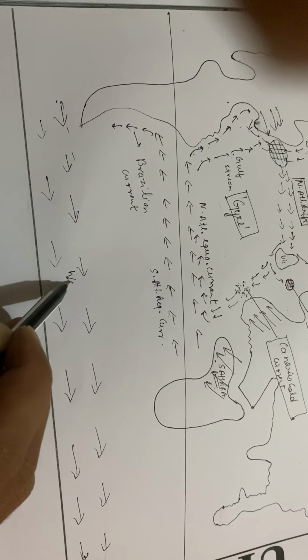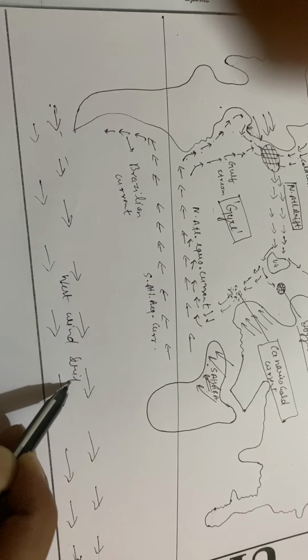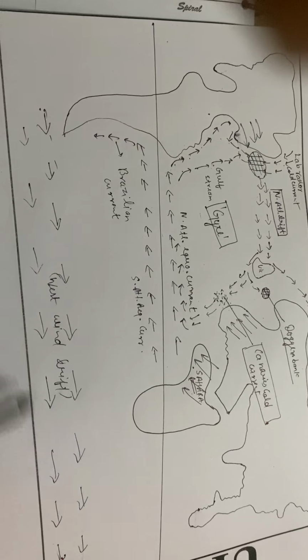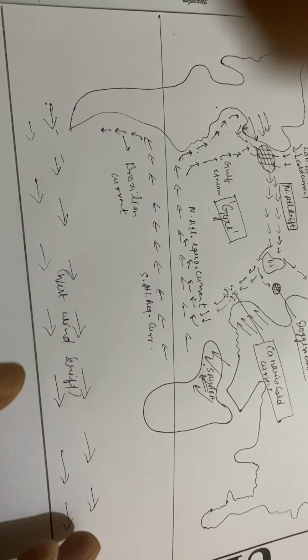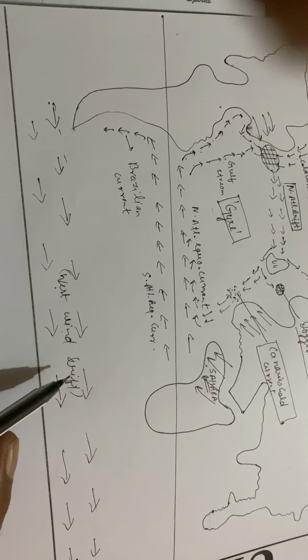Very, very important, west wind drift, because there is no obstruction. That's why we use the westerlies as the west wind drift.